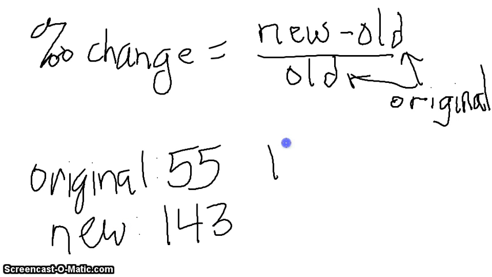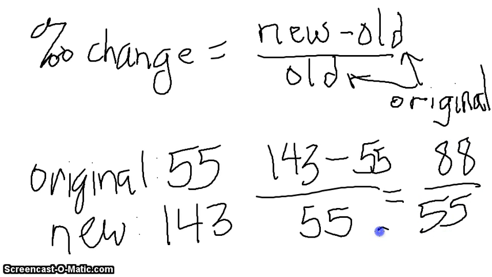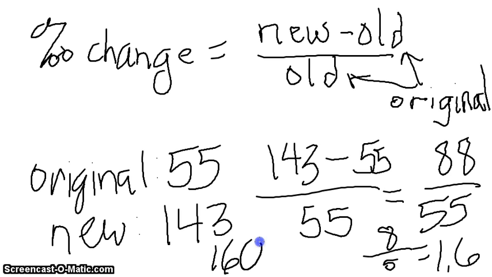That would be 143 minus 55 over 55. That's 88 over 55, which is 8 over 5, which is 1.6. So your answer would be 160%.